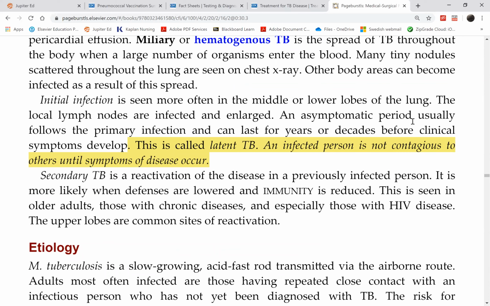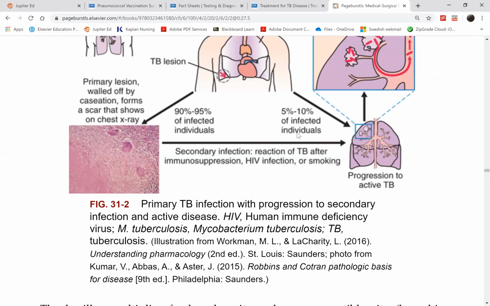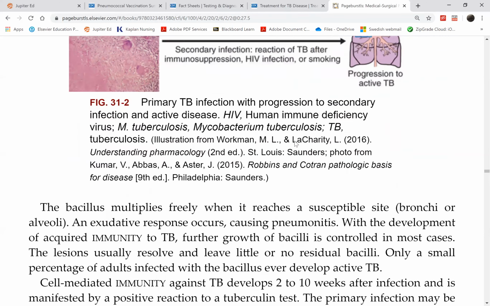It could be years or decades before you even turn up positive. But regardless, you had the initial infection. It's just a matter of whether you belong in this 10% or you belong in this 90%. Are we clear with this so far? Yes. Okay.